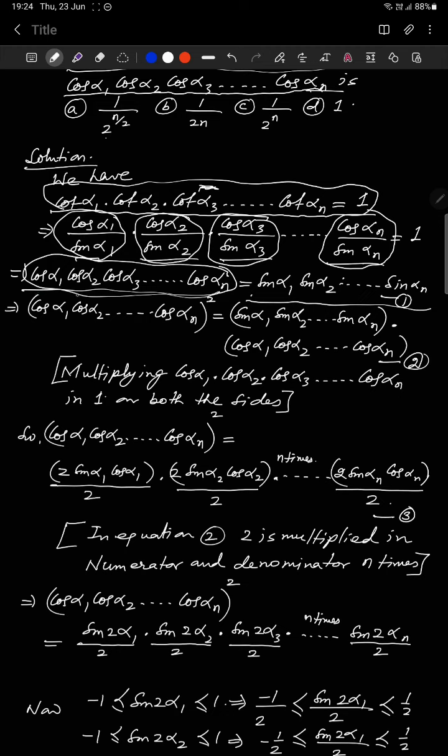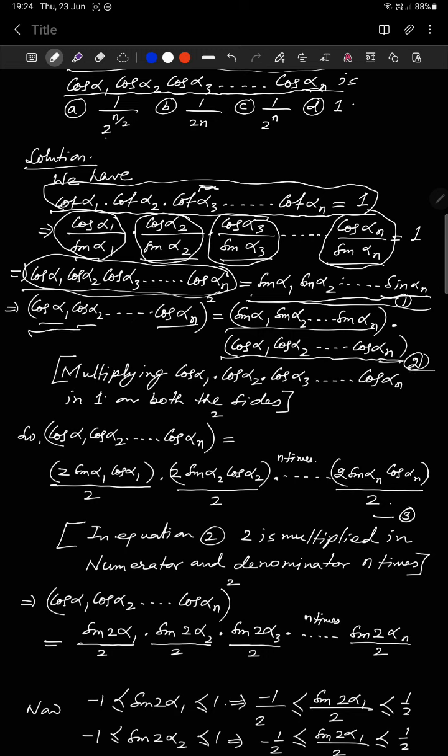So in the left hand side we are left with the square of cos alpha 1 into cos alpha 2 ... cos alpha n, to the power 2, and in the right hand side sin alpha 1, sin alpha 2 up to sin alpha n is written as it is, multiplied by cos alpha 1, cos alpha 2 up to cos alpha n, and we have taken this as equation number 2.